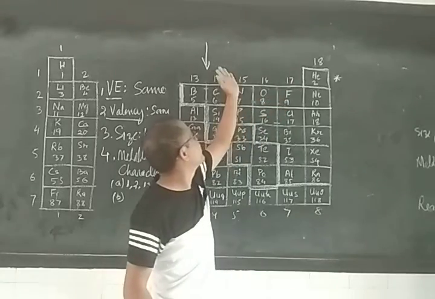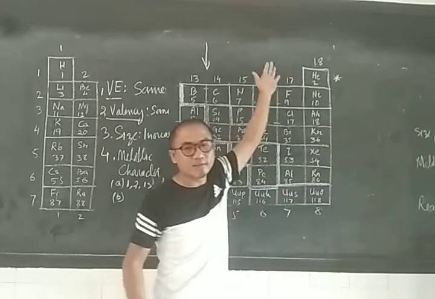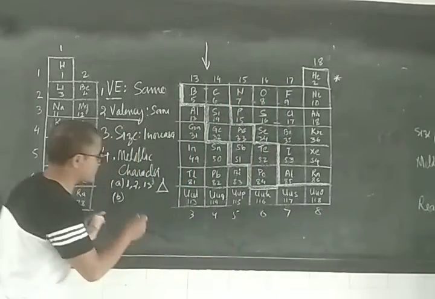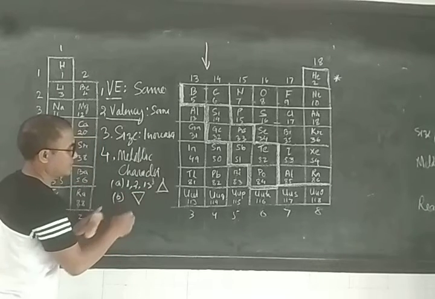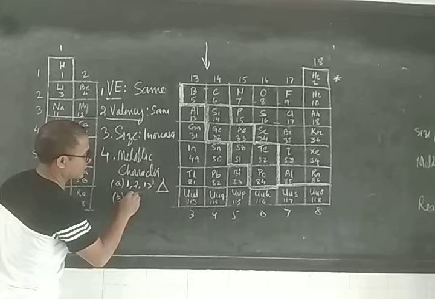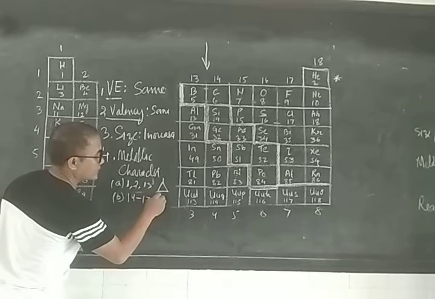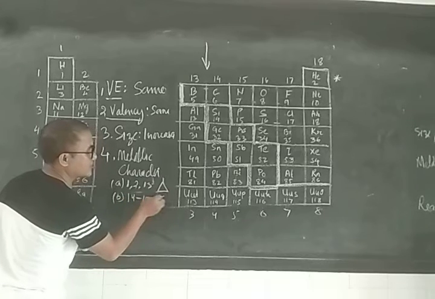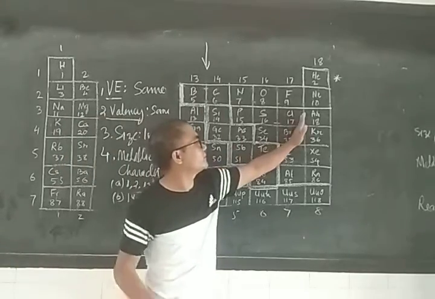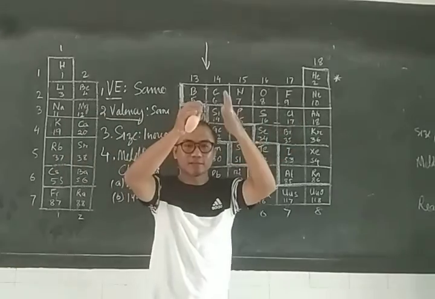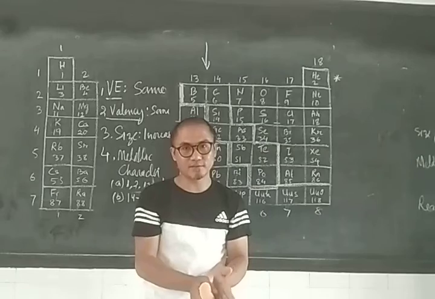This group 14, 15, 16 to 17, it decreases. Electronegativity here decreases again. That is group 14 to 17, the electronegativity decreases. This group from here to here, the electronegativity is decreasing.